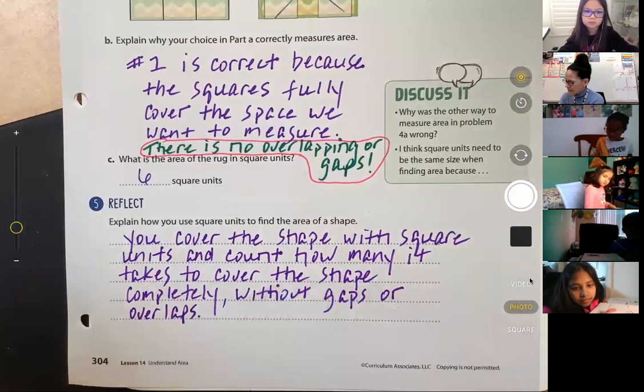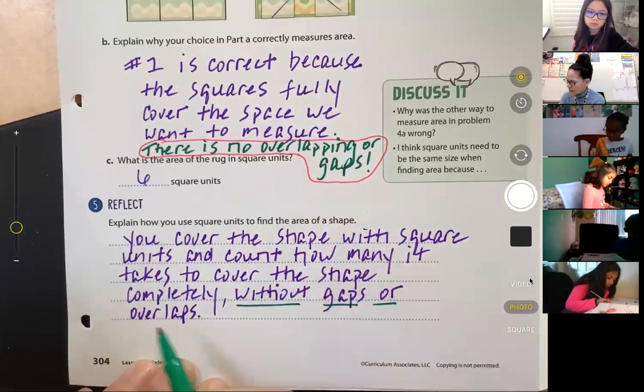And again, super important, without gaps or overlaps.